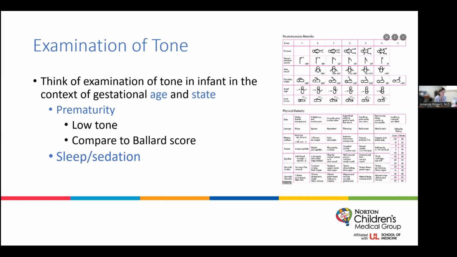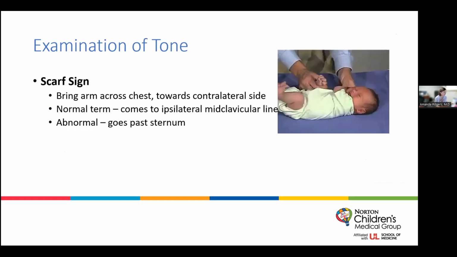So it's important to take that into account. Sleep also can result in hypotonia that's not pathologic. And of course, in the NICU and hospital setting, if a patient is sedated, we cannot say whether their hypotonia is related to sedation or an actual underlying cause in isolation.